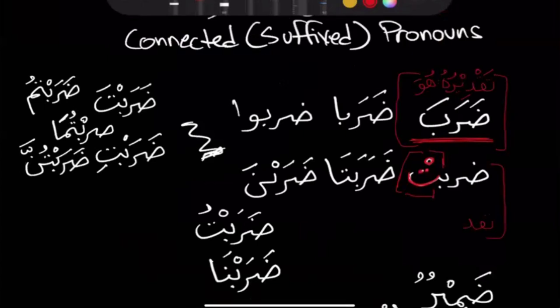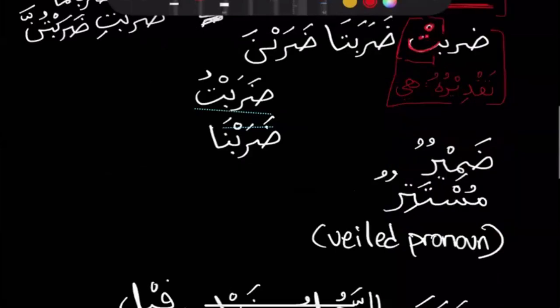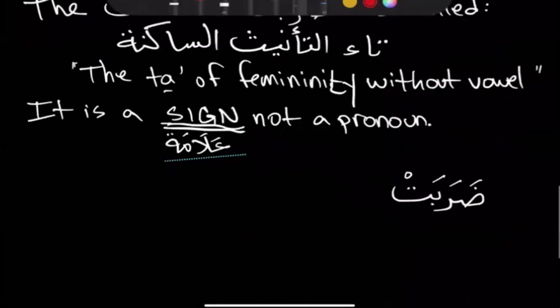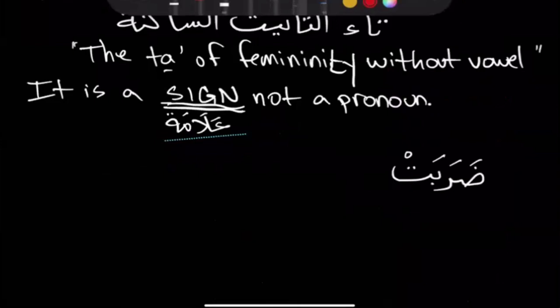taqdiruhu hiya. Its implication is hiya. Taqdiruhu hiya. So you say darabat. If you just say darabat, then it's just here. But if you want, you can bring an actual noun.